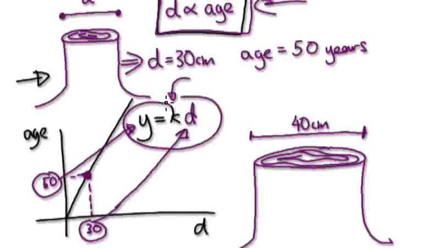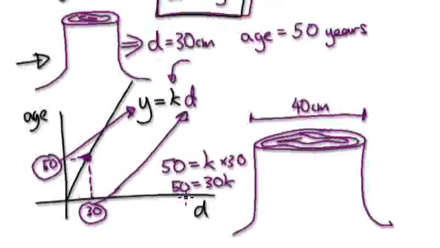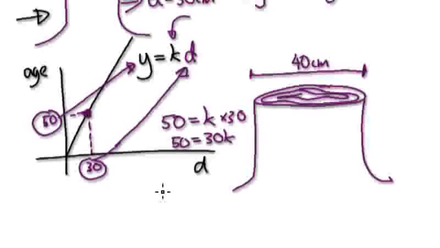This thing will then become 50, because remember the 50 goes into the y, and we don't know k, and we're going to put 30 into the D. That would be times 30, but the number always goes in front. So it's going to be 30k equals 50. Now, if you want to know k, divide both sides by 30. So it will be 50 over 30 equals k.